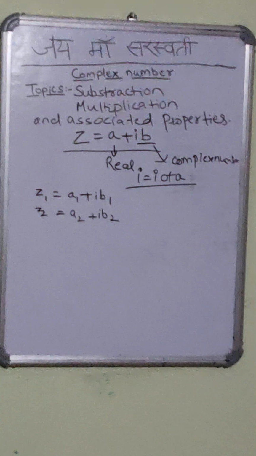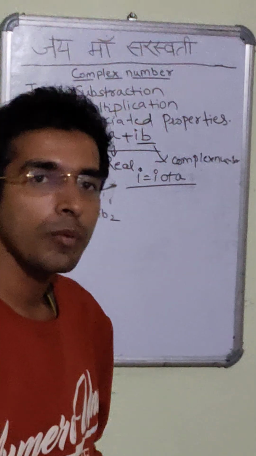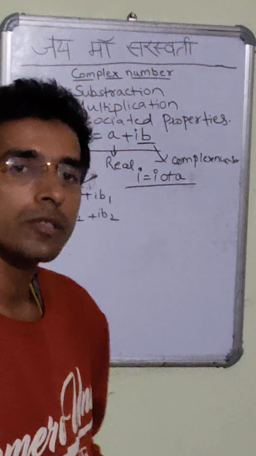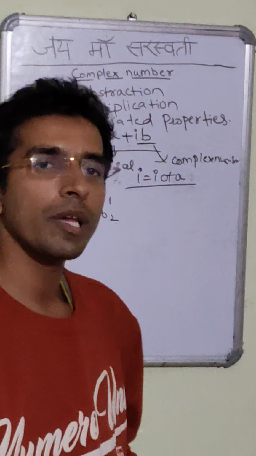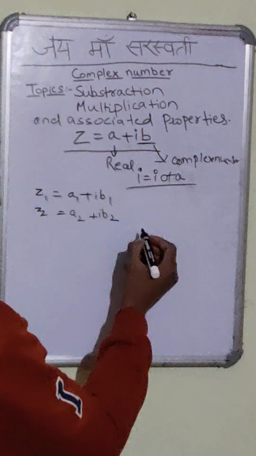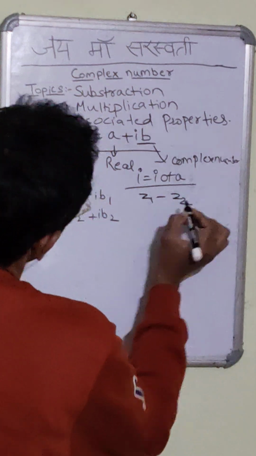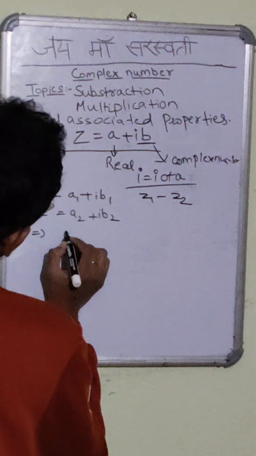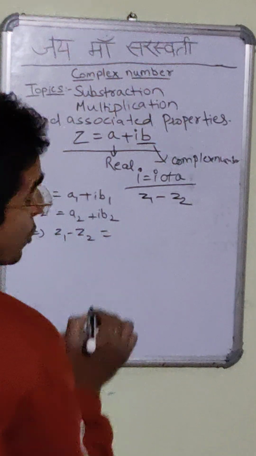So z1 is equal to a1 plus ib1 and z2 is equal to a2 plus ib2, and we will see how to subtract these two complex numbers. So z1 minus z2. First of all, we take the real parts together.